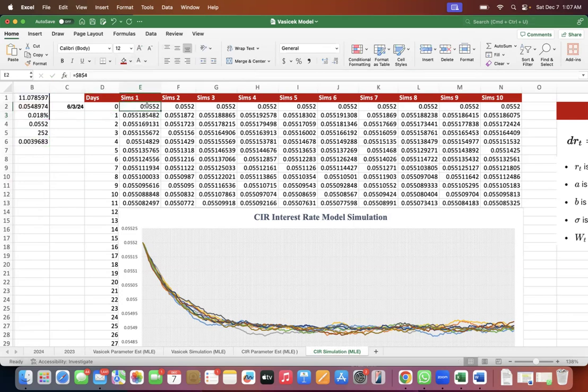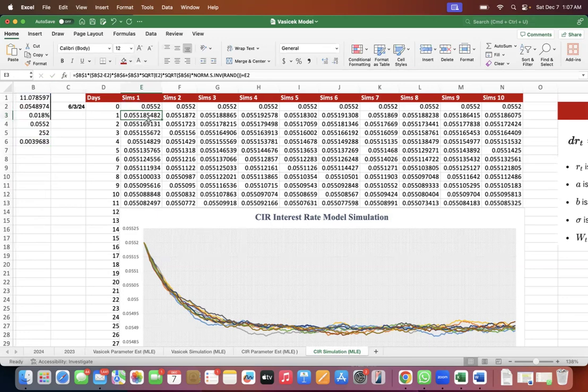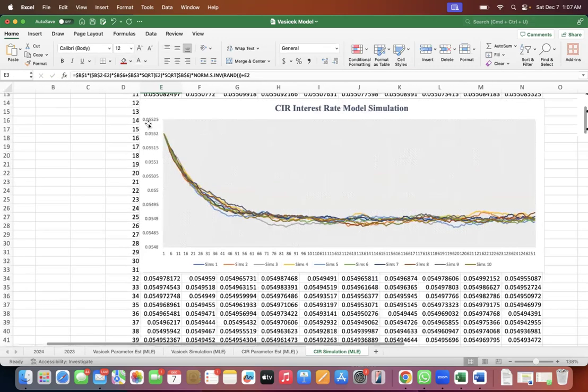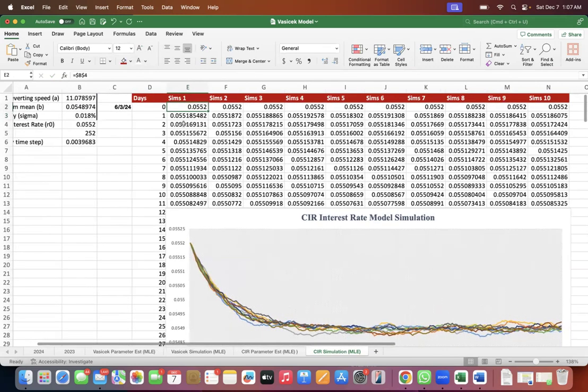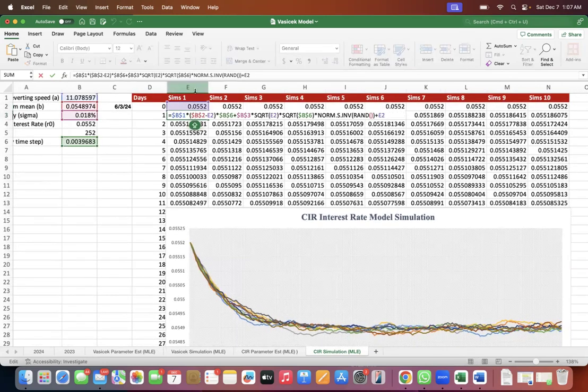So at t equal to 0, the interest rate is 5.52%, and the next day it is 5.51%, right?